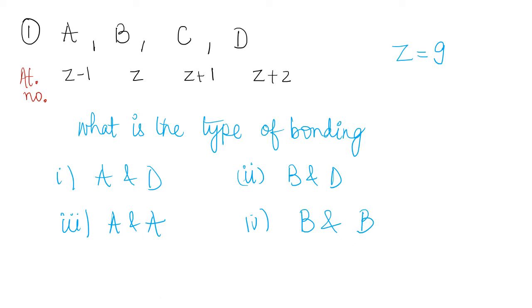So first of all, if Z is equal to 9, Z-1 will be 9 minus 1, right guys? So this will be 8, this will be 9, this will be 9 plus 1, that is 10, this is 9 plus 2, 11. So tell me which element has the atomic number 8?